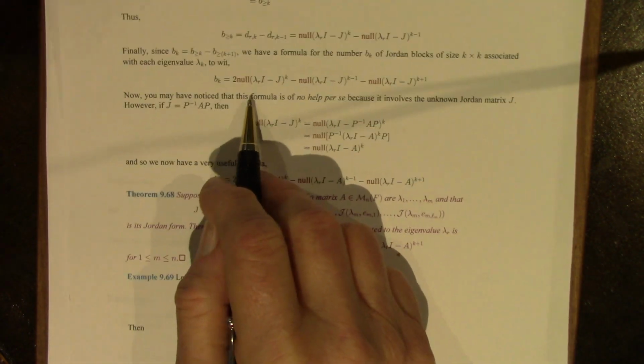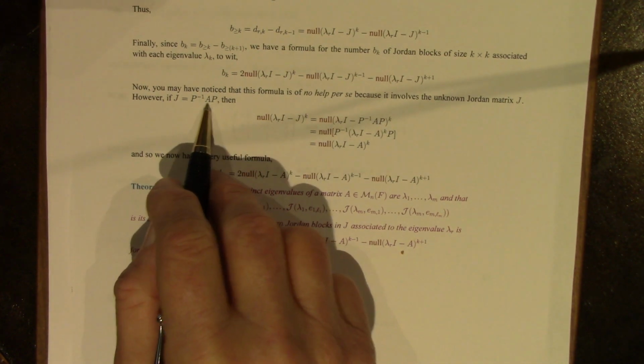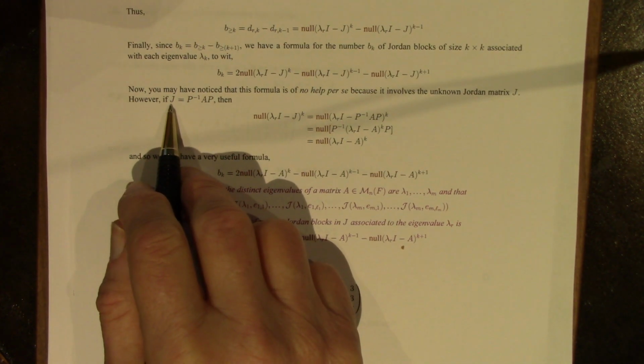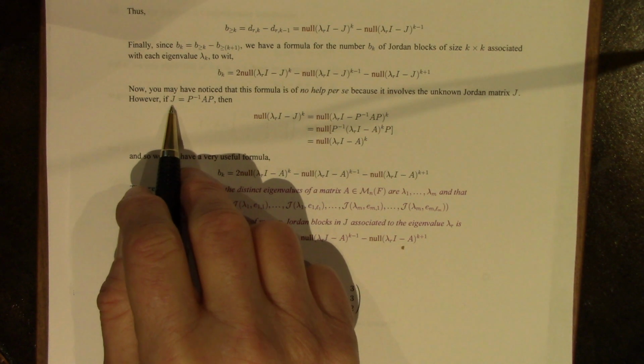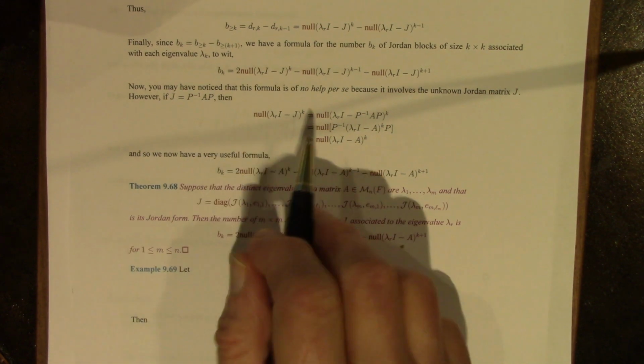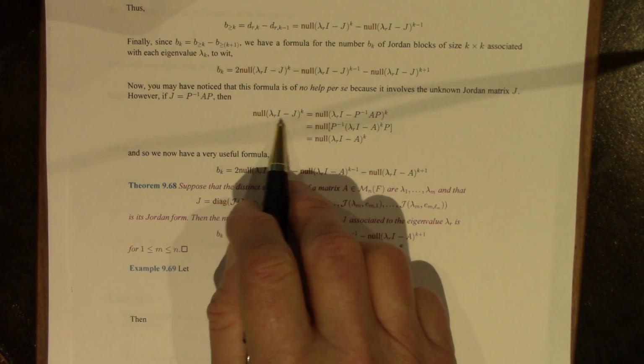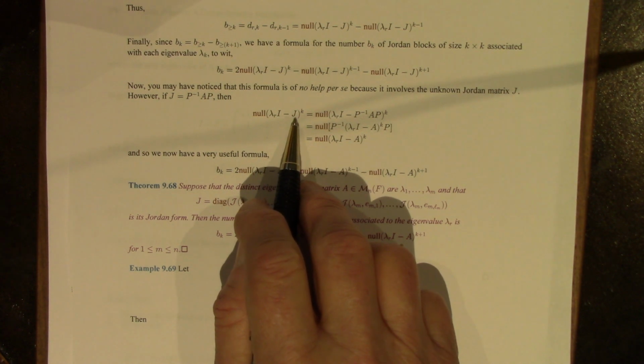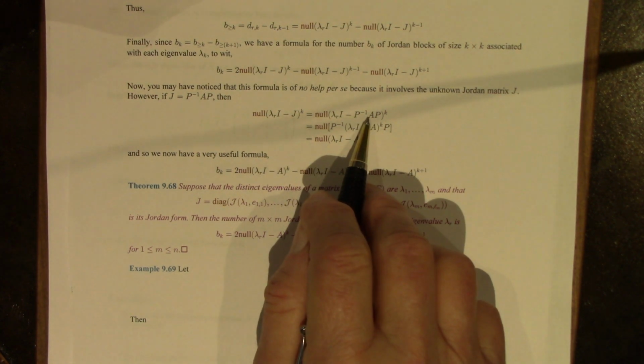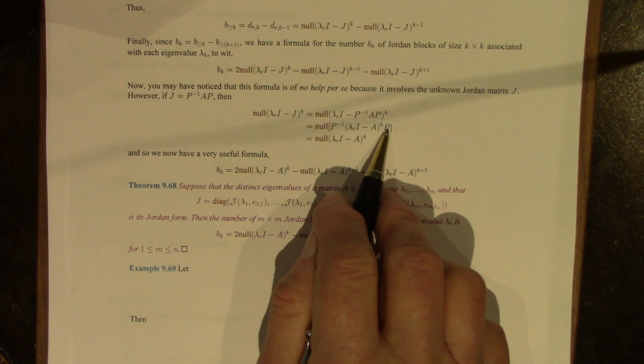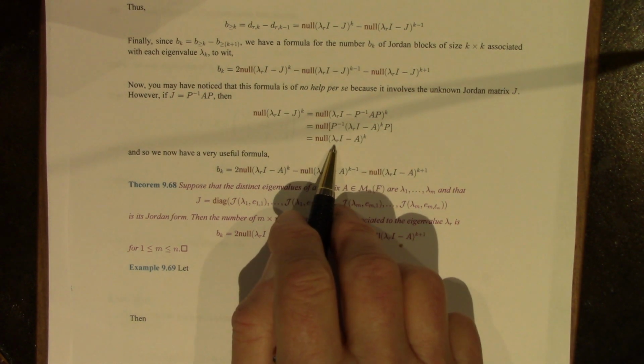The fact is that the original matrix A is similar to the Jordan matrix. So let's say here's a similarity. And so the nullity of these matrices involving J is the nullity of this. This pulls out, same as the nullity of this.